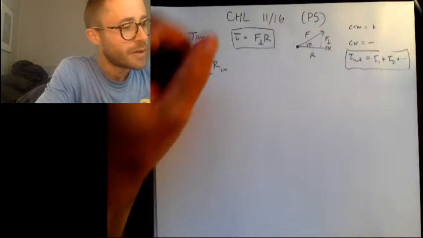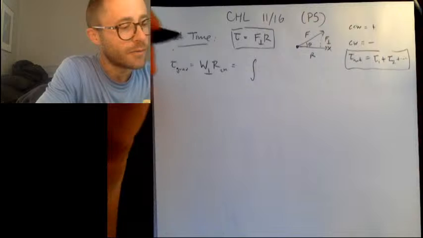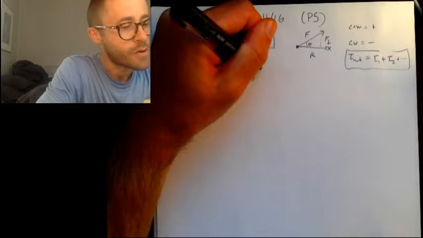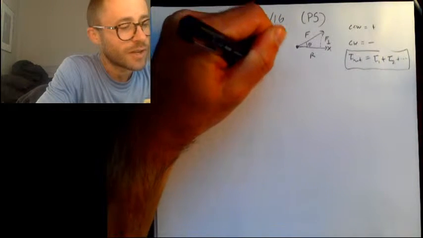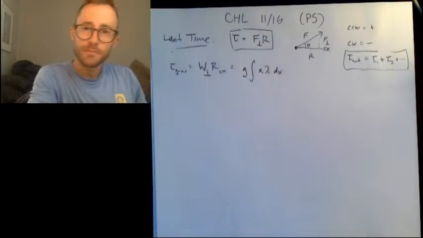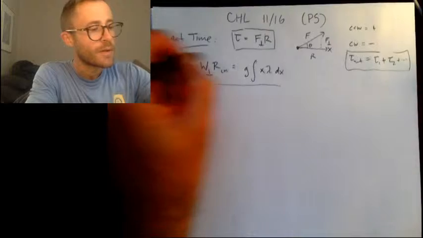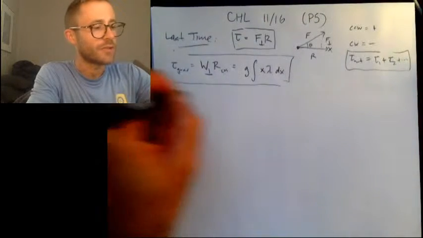We can also think about it as an integral of x times lambda dx multiplied by g. So that was last time.